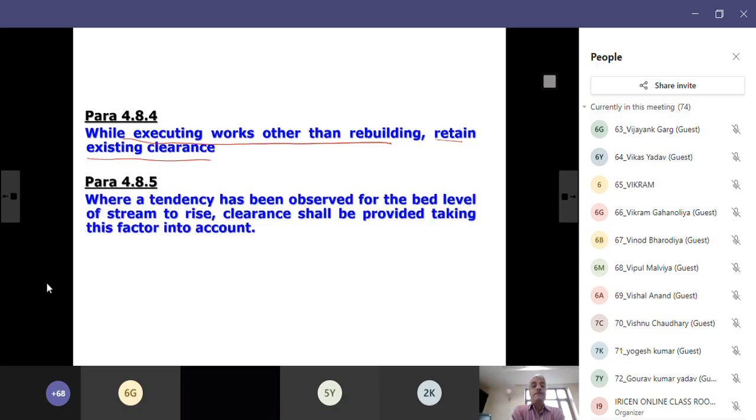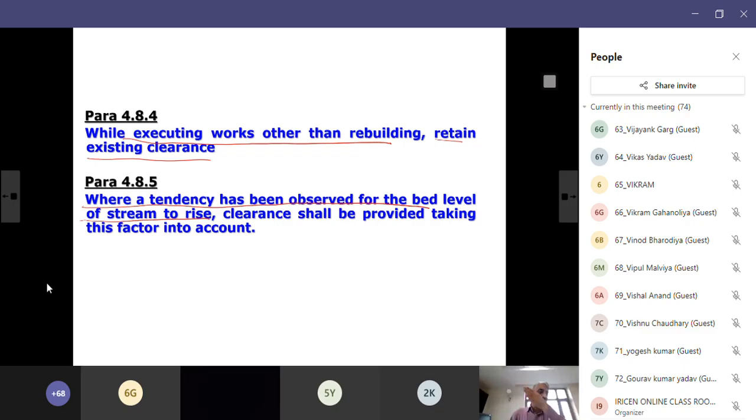Another thing, where a tendency has been observed for the bed level of the stream to rise. In some places, because of the topography of that area or some other reason, the bed level at that bridge has a tendency to rise. Means there is a tendency of siltation at that location.